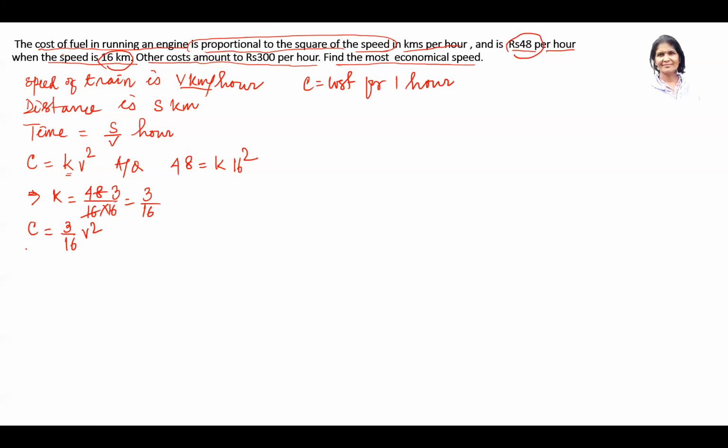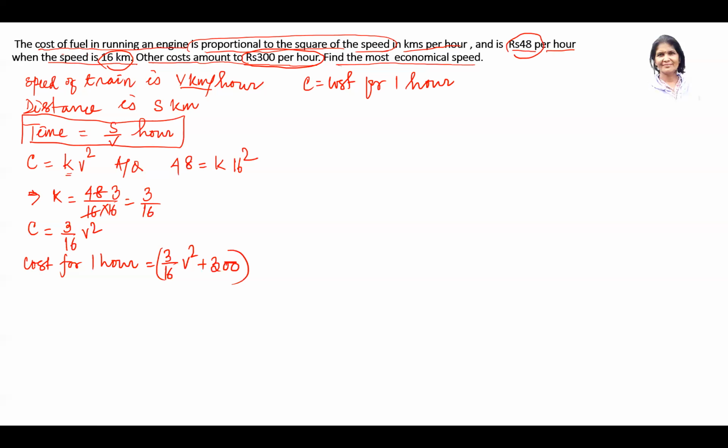But this is not the only cost. Cost is again 300 per hour as extra cost. So cost for 1 hour is equal to 3 by 16 V square plus 300. Then it is going for this many hours.